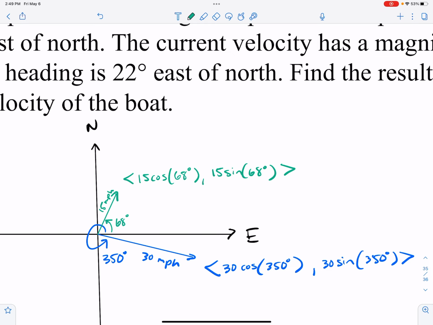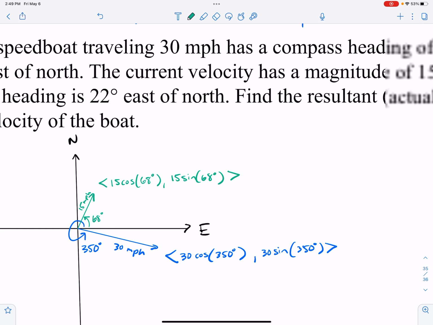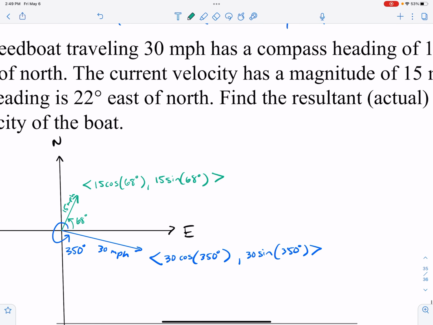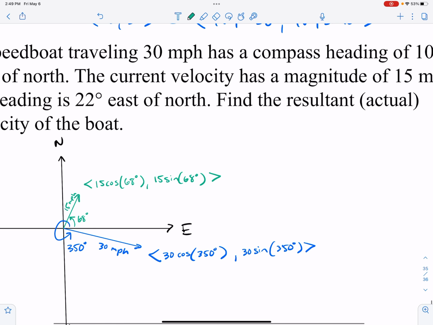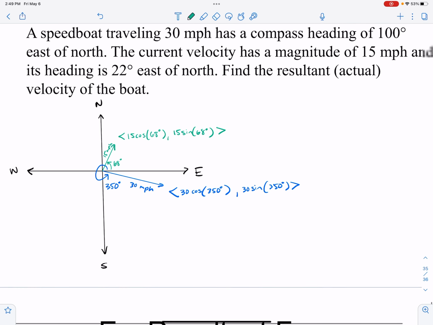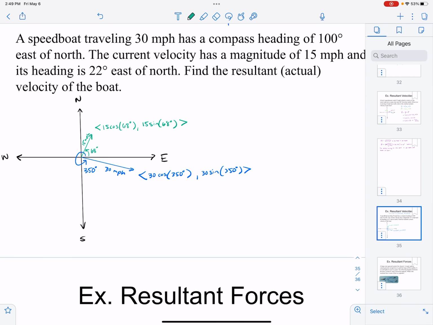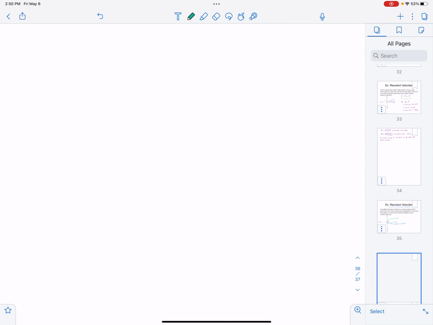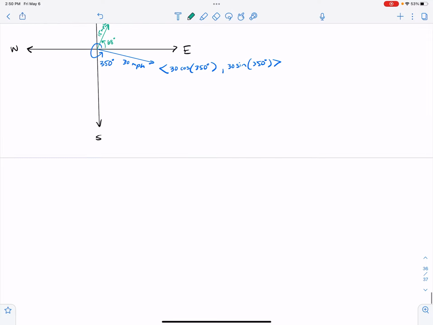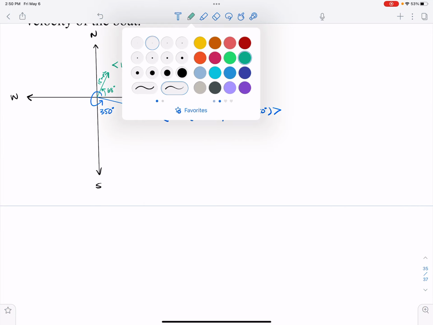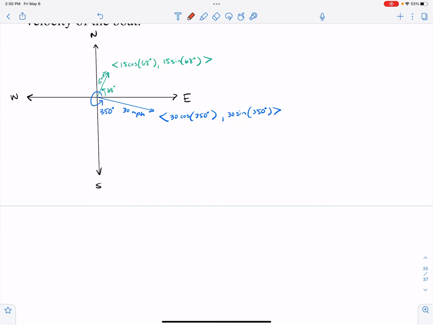And then we want to find the resultant vector, which we can find from adding those two vectors together. So I'm going to give myself a little bit more room. Okay, so the resultant vector, I'll use orange, I'm going to call it vector V, which will represent the actual velocity.